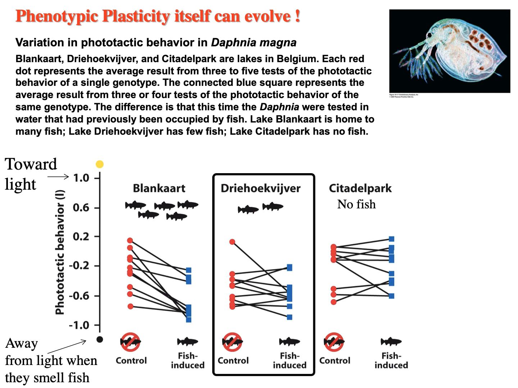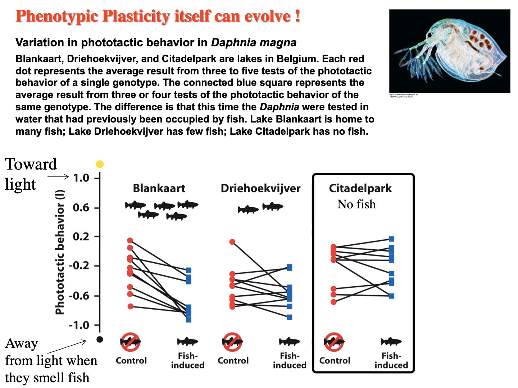So there were a few fish there, there was fish smell, then they moved lower in the water column. Whereas in a lake with no fish, so there was no fish odor, then both the controls and the fish-induced individuals rose to about the same level in the water column.